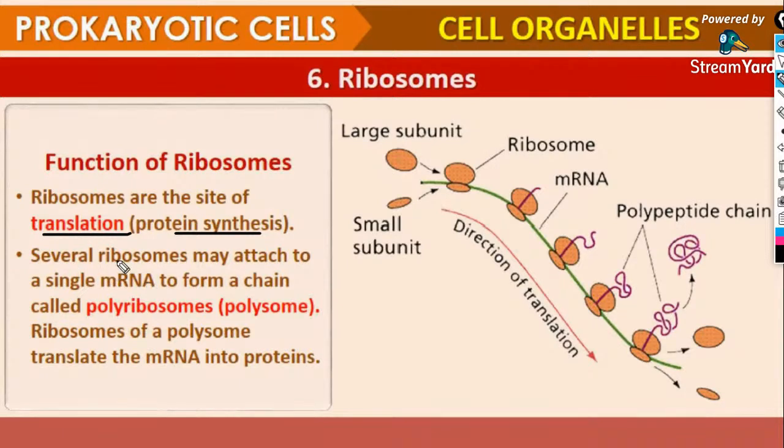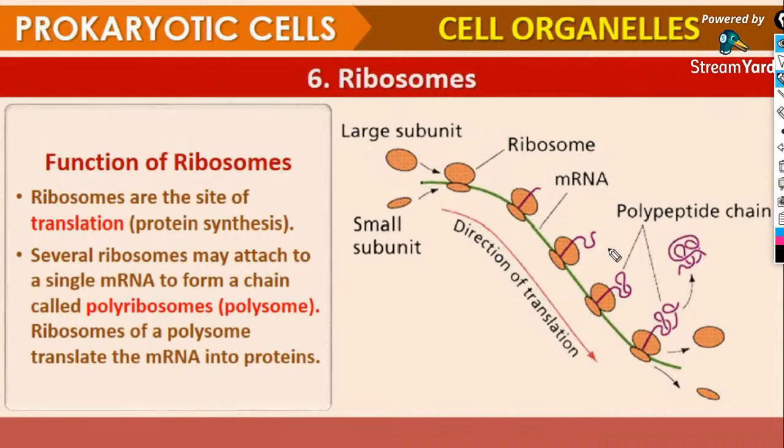So we are moving on. Several ribosomes may attach to a single mRNA and form a chain called polyribosome or polysome. For mRNA and all, we will learn in the 12th class topic. But mRNA is a type of RNA.